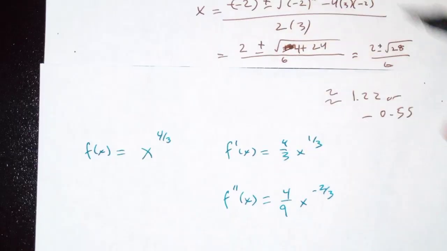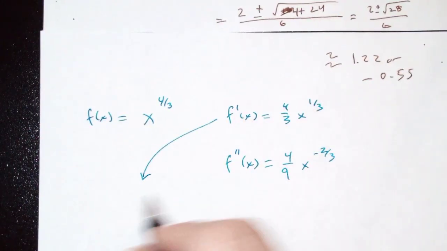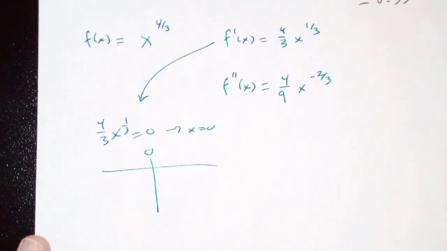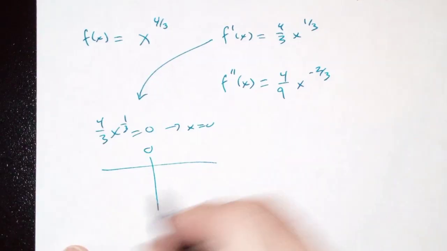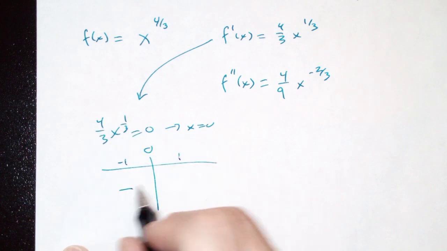I didn't do something in this example. I probably should have. I should have made a chart. If I made a chart for the first derivative, I should have made a chart for the second derivative. If I look at this, 4/3 x to the 1/3 is equal to 0 only when x is equal to 0. So I would make a sign chart. It would look like that, right? Pick a number smaller, a number bigger, put them in.